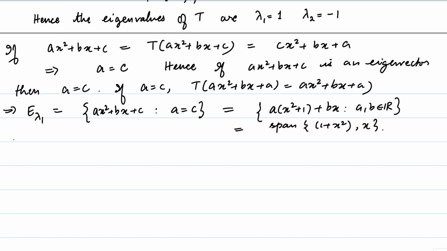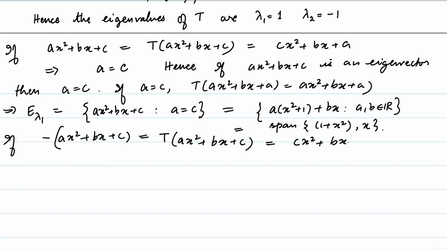How about λ2? Let me just be careful. This is ax² + bx + c, but this is equal to cx² + bx + a. So if the polynomial ax² + bx + c belongs to the eigenspace corresponding to minus 1, this would imply that a is equal to minus c and b is equal to minus b, so 2b equals 0, which implies that b is equal to 0.